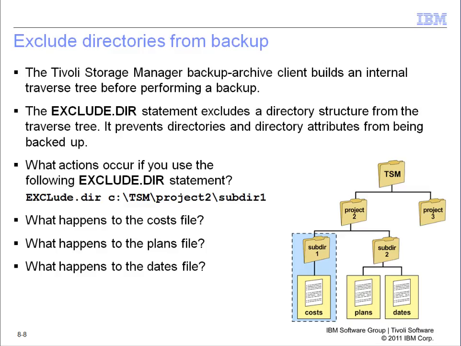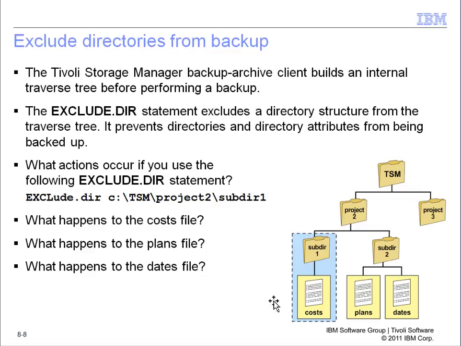Excluding directories from your backups. If you use the exclude dir statement, that means the entire directory structure will not be backed up, and TSM won't traverse the directory tree. So in our example here, we're saying exclude dir C TSM project 2 subdir 1.